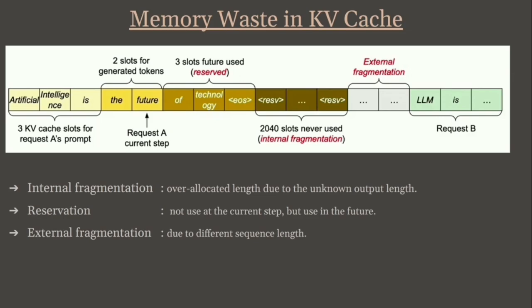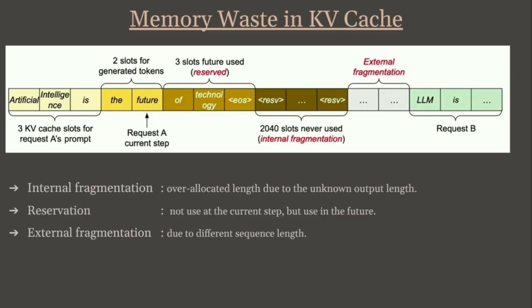And the last one is external fragmentation. We could have many different sentences of different lengths, right? Our prompts could be of different lengths. Some end early, some might take a longer time. So the ones which end early leave some space.